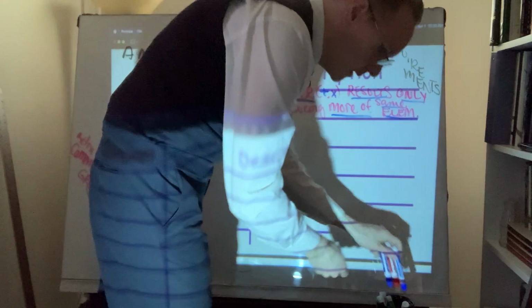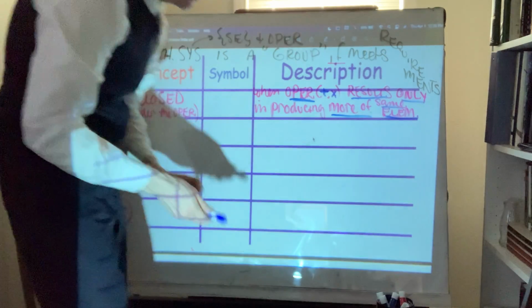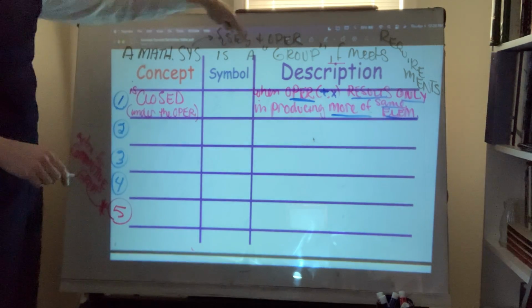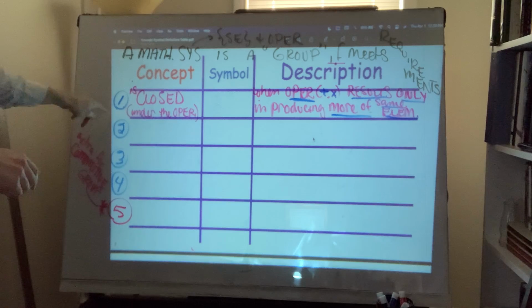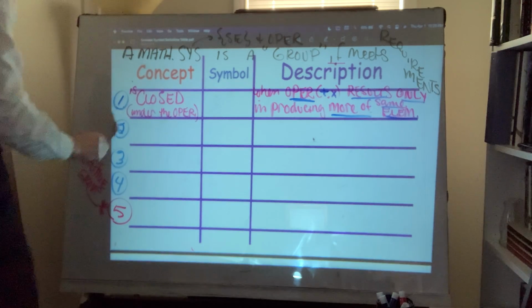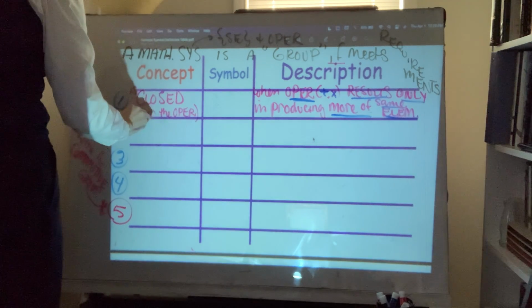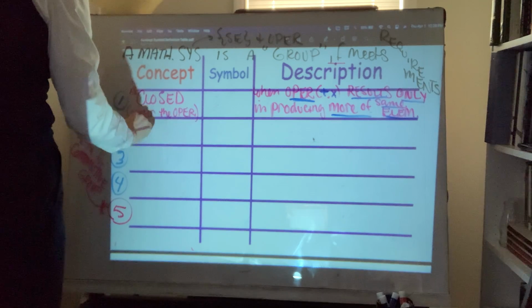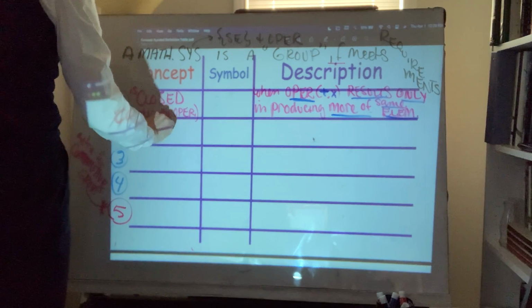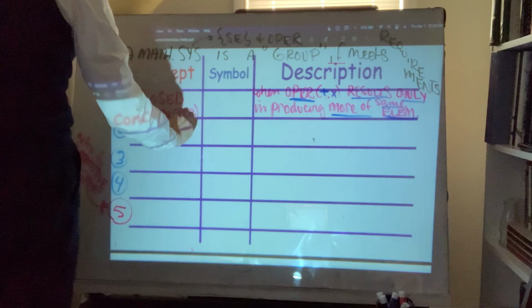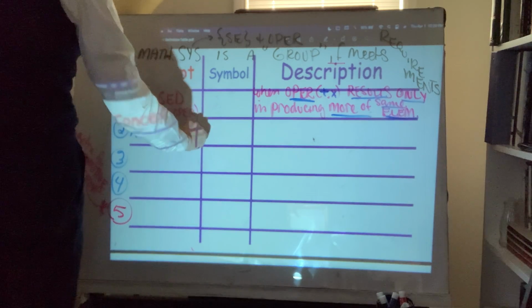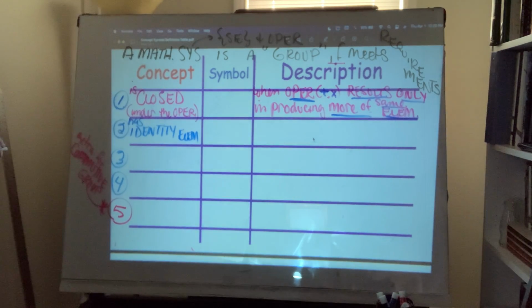All right. The next one is this. A mathematical system is a group if, qualification number 2, it has the appropriate identity element. It has to be appropriate for adding or for multiplying.